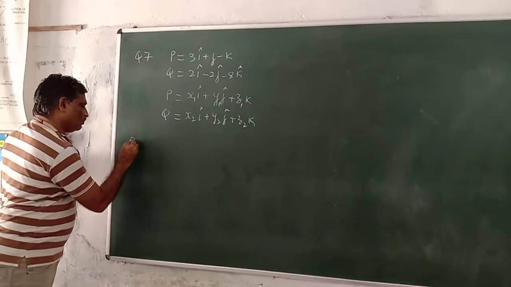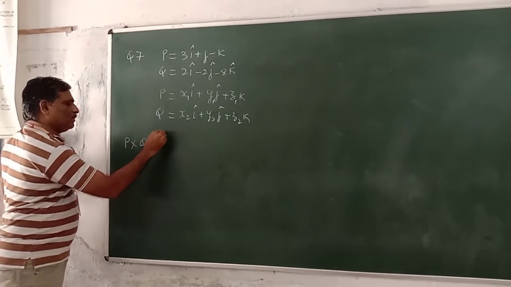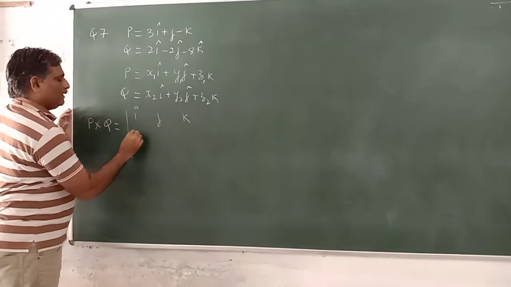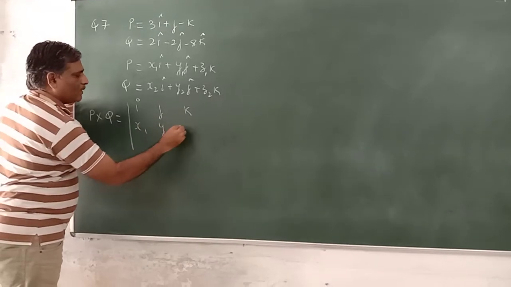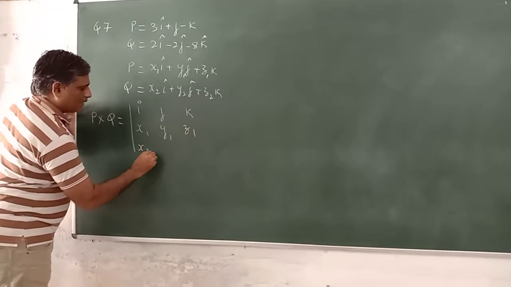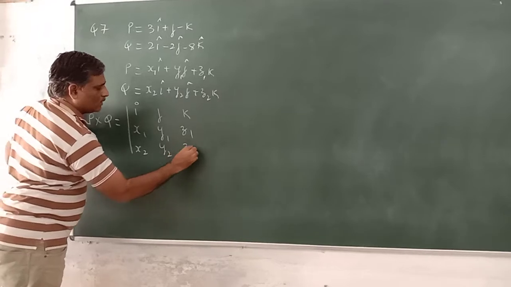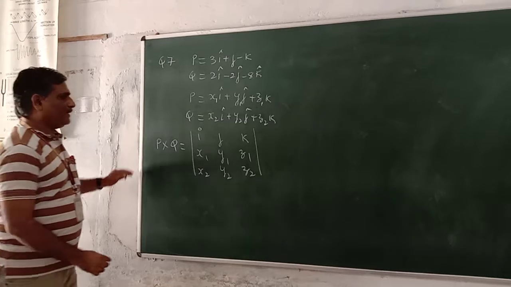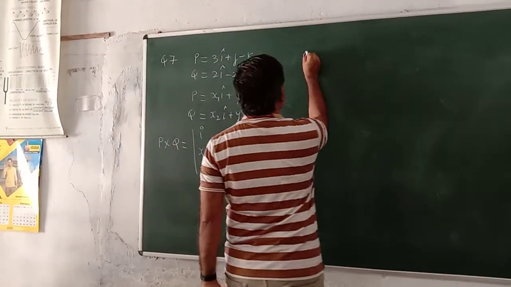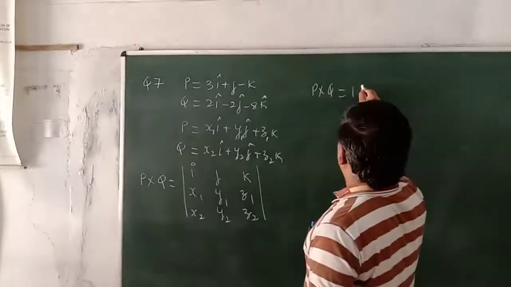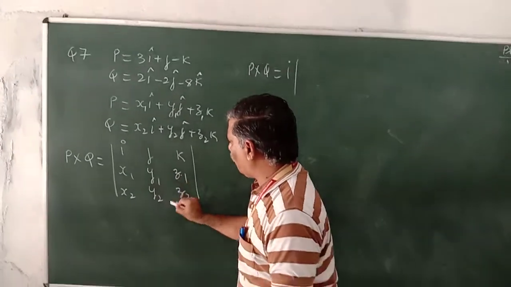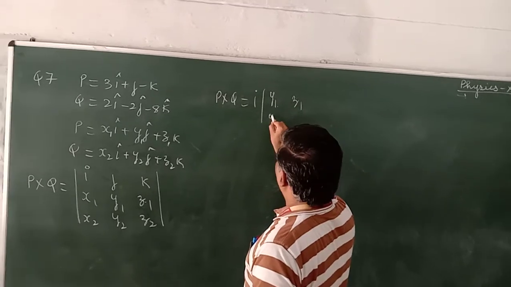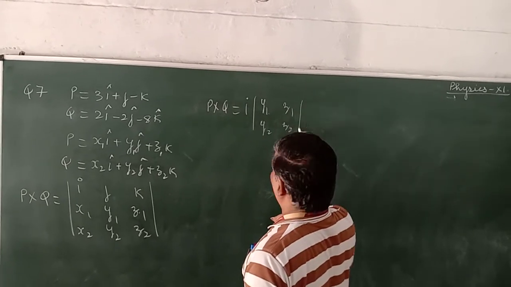Now P cross Q is equal to the determinant with rows i, j, k; x1, y1, z1; x2, y2, z2. Then it comes: P cross Q is equal to i times the determinant of y1, z1, y2, z2.